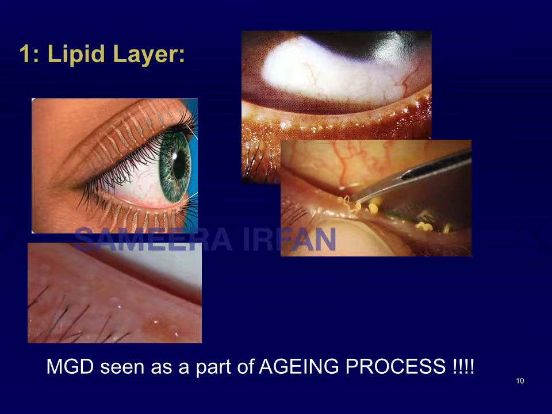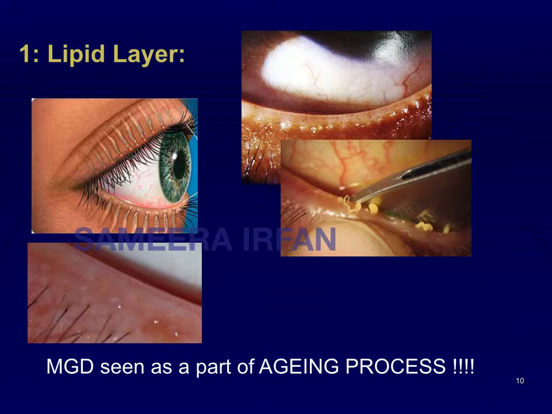They split up into free fatty acids, and these free fatty acids then cause a chemical inflammation of the ocular surface. As those fatty esters and the free fatty acids get inflamed, they clog the opening of the meibomian orifices, and further meibum cannot come out.